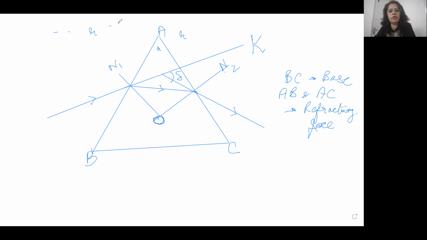Now we have to correlate this angle of deviation: how it is related with the angle of prism, with the angle of incidence, with the angle of emergence, and with the angles of first and second refraction, because of course it is showing deviation, but how much deviation? All these things we will be seeing now.